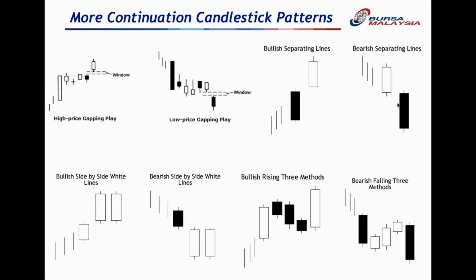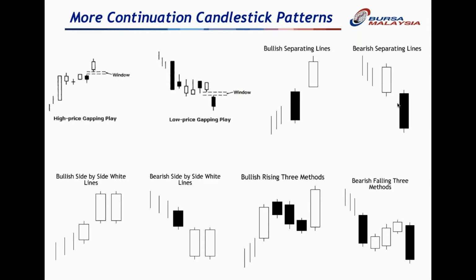It just means the trend is taking a break. For the bullish rising three methods, the previous uptrend takes a break, and after that it rises even higher. So it is not a reversal pattern, it's a continuation pattern.